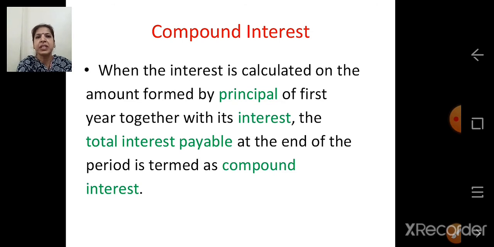It means for the first year there is the principal and its interest, which gives the amount of the first year. For the next year that amount becomes the principal, and again the interest is added, and that amount becomes the principal for the next year. So this is the total interest payable.